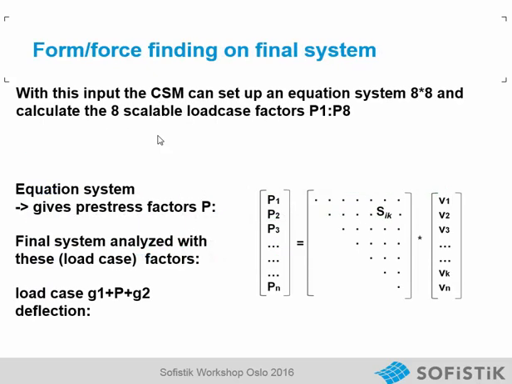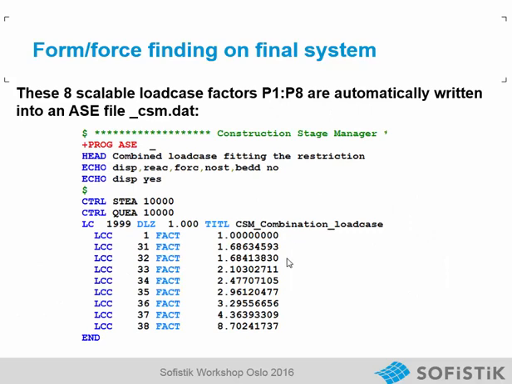The CSM can automatically build an equation system of these 8 load cases, because every pre-stress load case gets a deformation in all other loads, so we have a fully occupied equation system. CSM solves this equation system and gets the factors that CSM calculated.